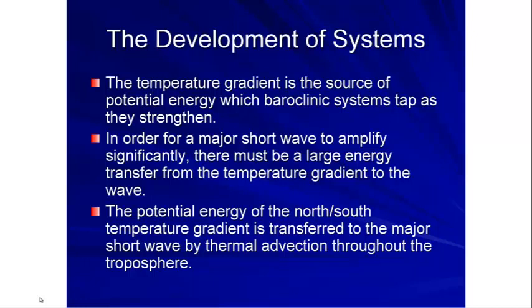In order for a major shortwave to amplify significantly, there must be a large energy transfer from the temperature gradient to the wave. The potential energy of the north-south temperature gradient is transferred to the major shortwave by thermal advection throughout the troposphere. Basically, naturally we're going to have a deficit of energy being received at the polar regions, and an excess of energy being received at the equator.